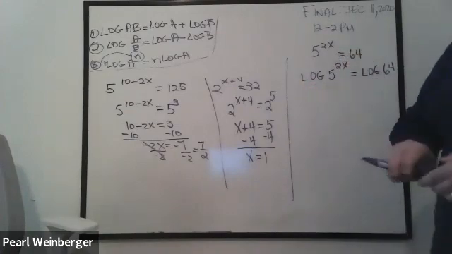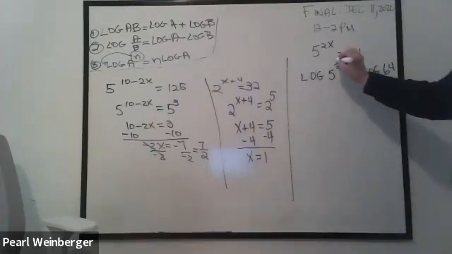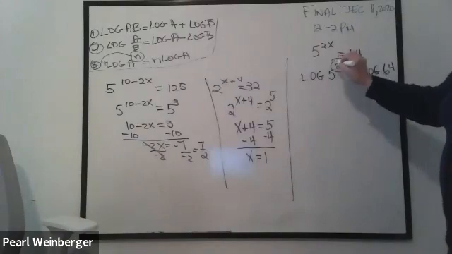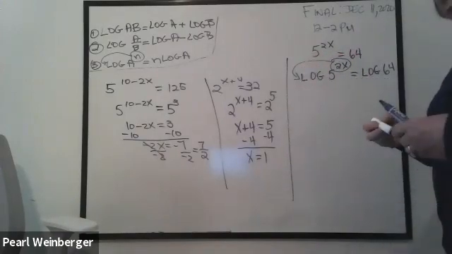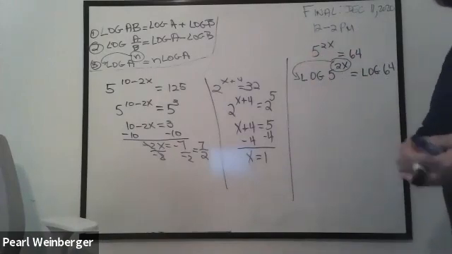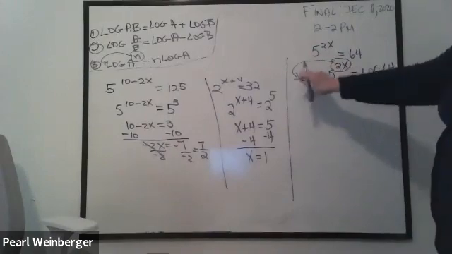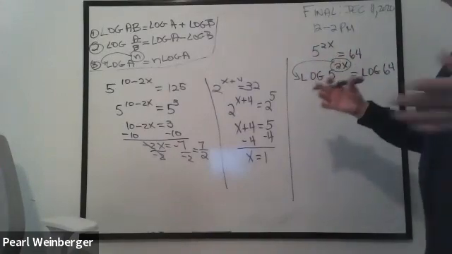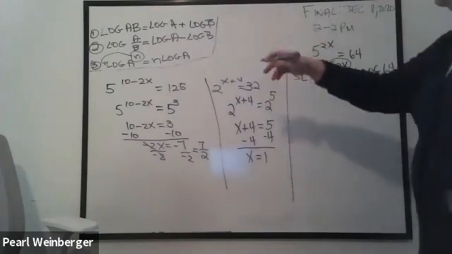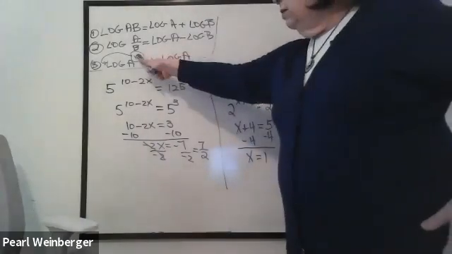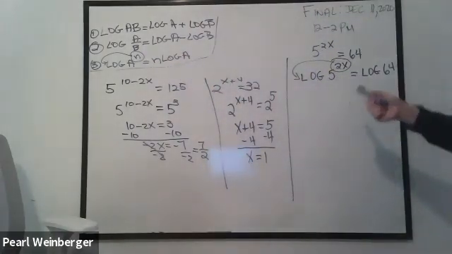Now, why did I bother to go to the log? Because I know when I have the word log in it, then the exponent can be transferred to the front and become the coefficient, because now I'm dealing with log 5, which itself is an exponent. And when you raise an exponent to another exponent, like we said over here, the exponent simply becomes the coefficient.